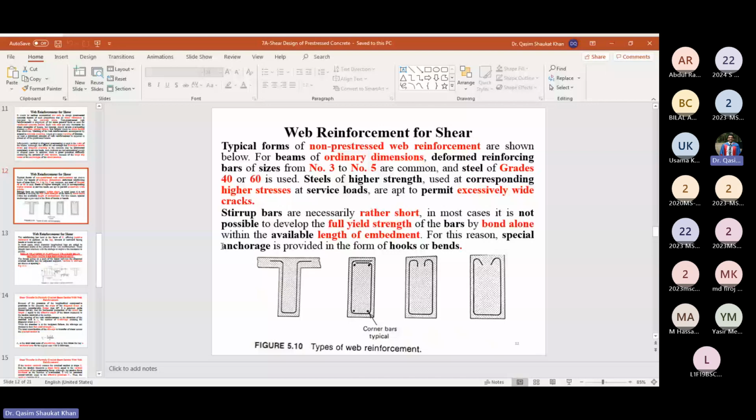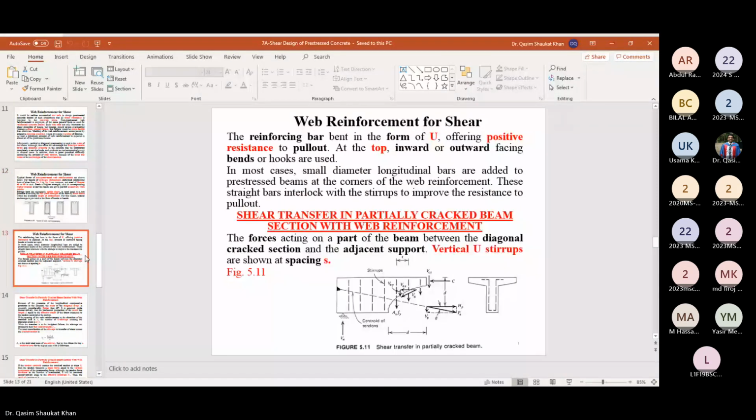So now let's see this figure. This is the cross section of the beam, and you can see this is the shear reinforcement being provided in the form of the U-shaped stirrup. This is the longitudinal section, and in the longitudinal section you can see a part of the beam has been shown longitudinally, which includes the crack.